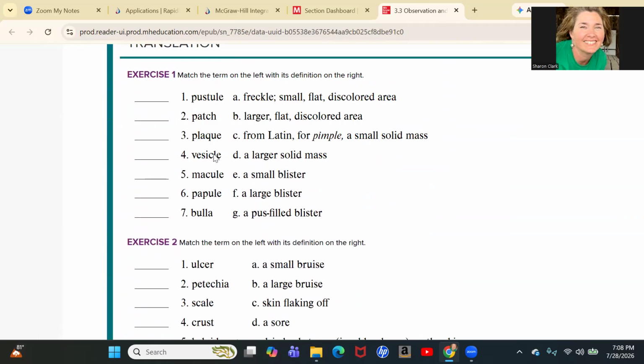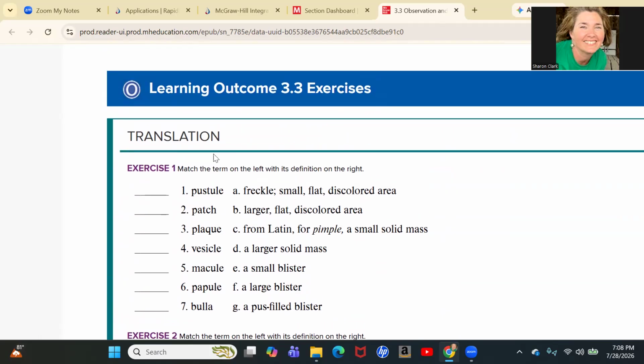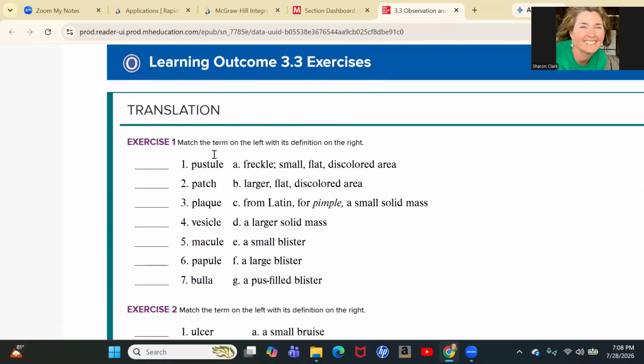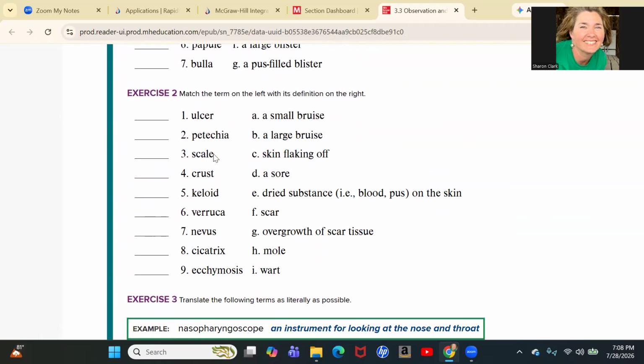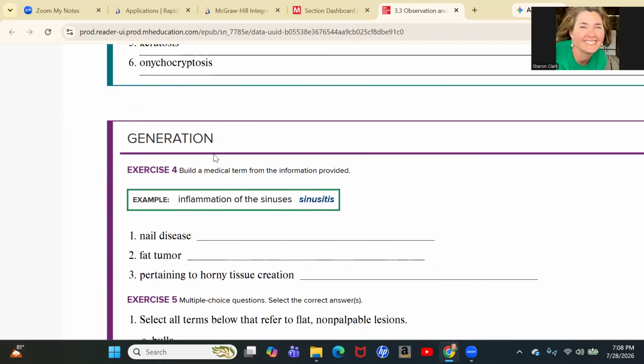And then, as always, do your learning outcomes. Do them over and over again. When you do your learning exercises, you'll do them again and again. Repetition is the best way you're going to master this class. Let me know if you have any questions.